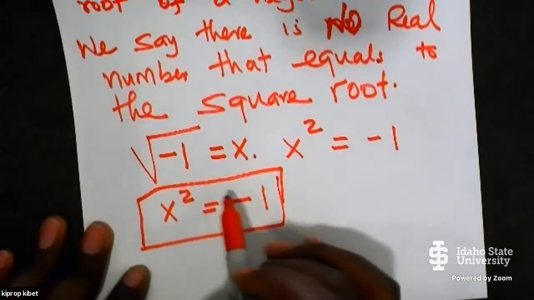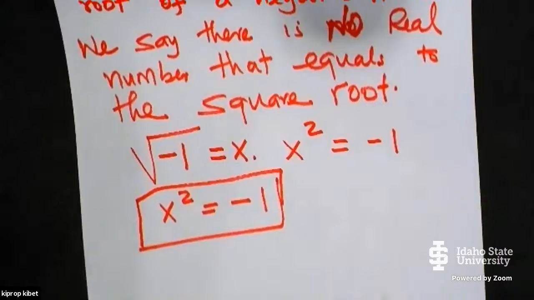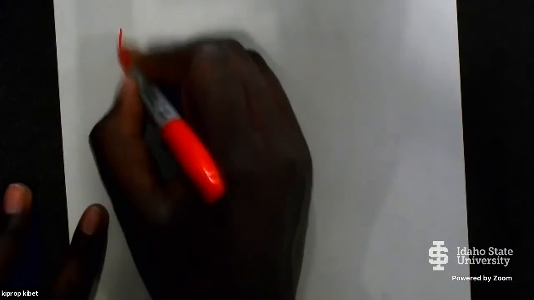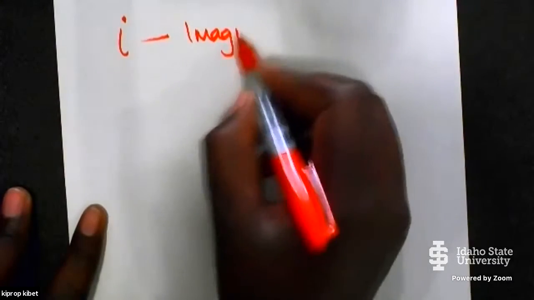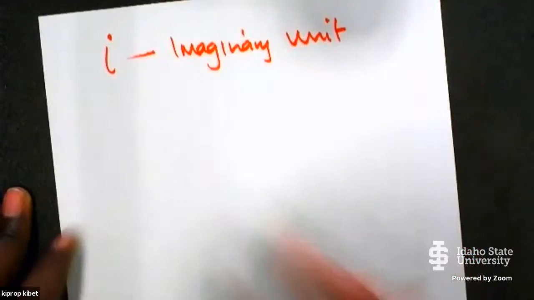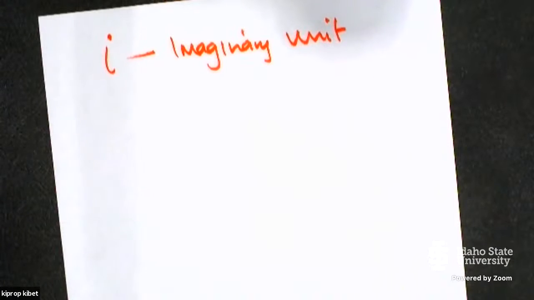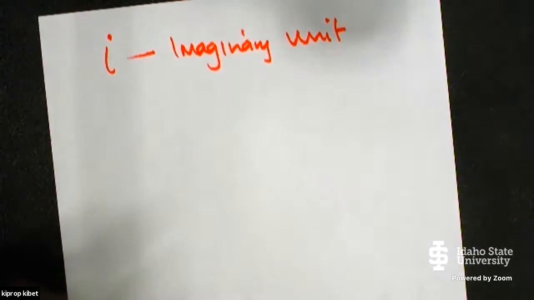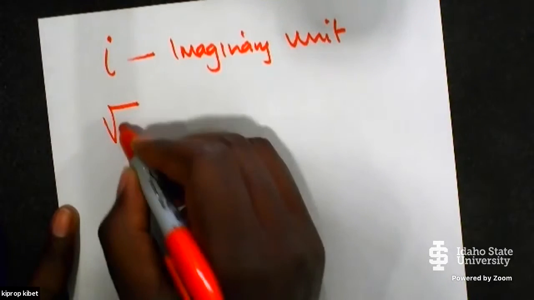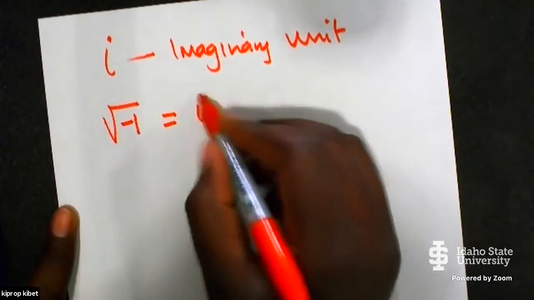So this will give us an imaginary unit, an imaginary number. This imaginary number is called i.